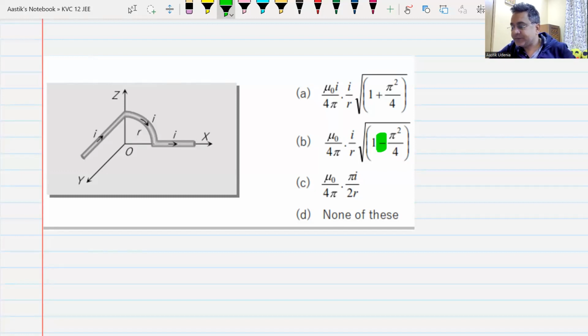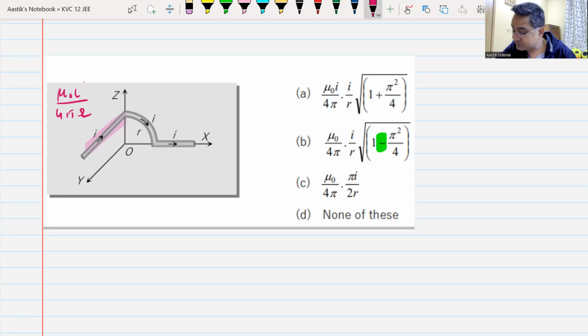Let us see. The pink field is how much? Mu naught I by 4 pi r. And the direction will be towards minus x-axis. Yes or no? Yes, sir.